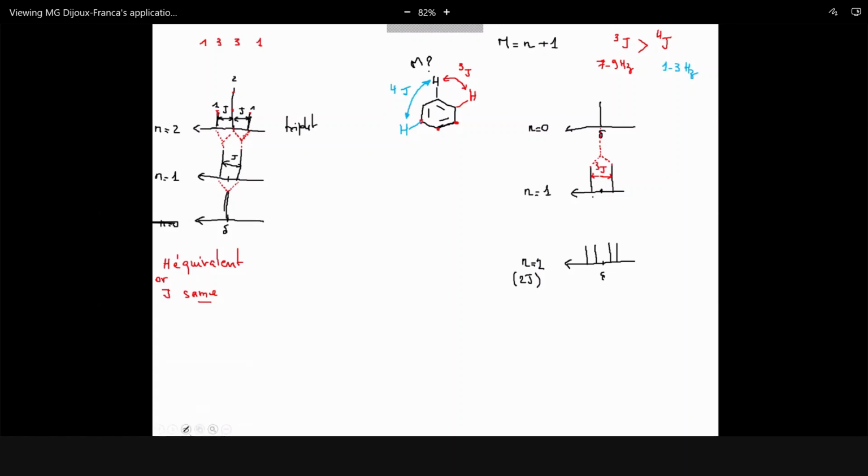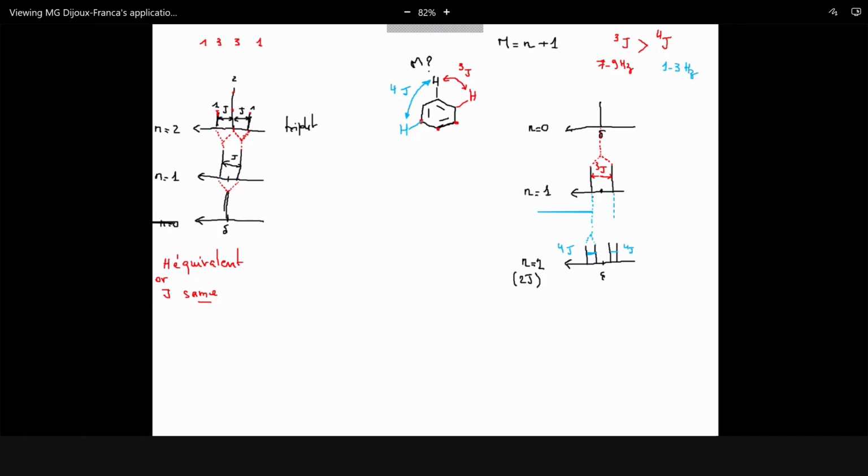And if I calculate the distance here, I will have the J4. And I can calculate here also, it's the same value. And for that, each line has been divided by 2.